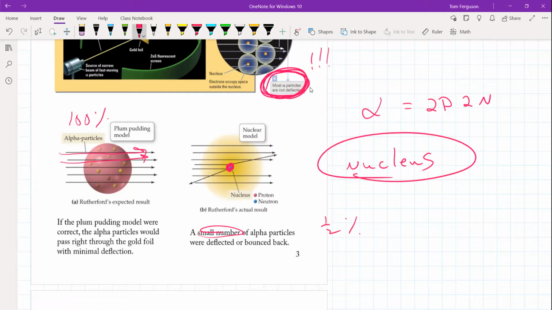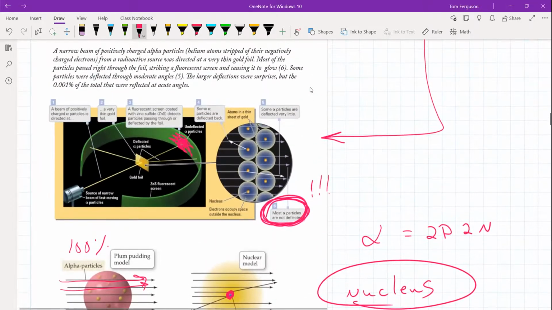It's giant compared to the other subatomic particles. So Rutherford's contribution to the physics of the atom is he discovered a nucleus through his gold foil experiment.